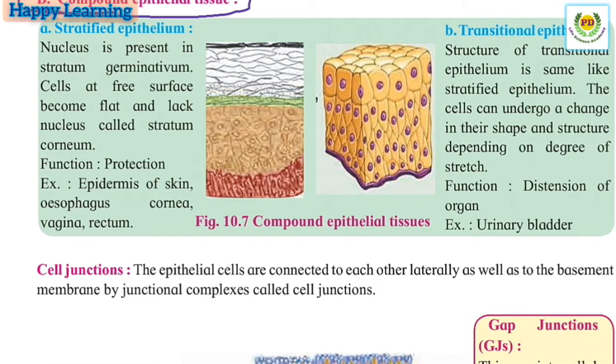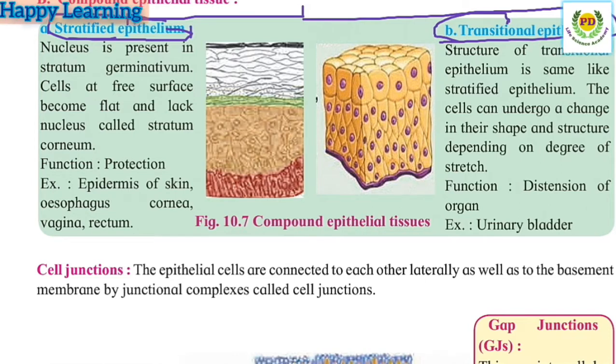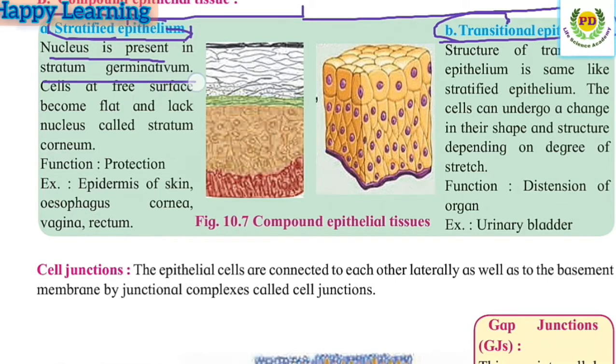These compound epithelial tissues are of 2 types. First is the striated epithelium, and second is the transitional epithelium. Now, what is the difference between the striated epithelium and the transitional epithelium? In striated epithelium, the nucleus is present in the stratum germinativum.